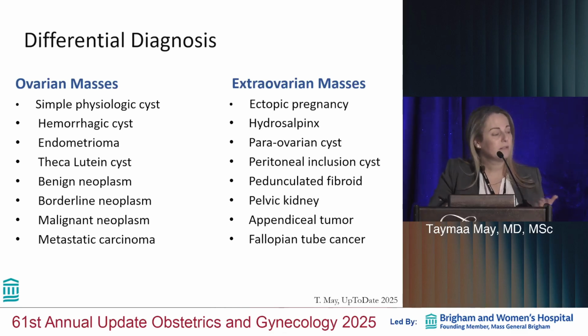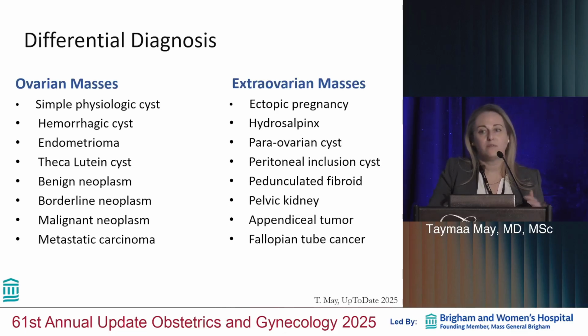Extra-ovarian masses, so in the adnexa but not primary from the ovary: ectopic pregnancy, which obviously is often an urgent diagnosis, hydrosalpinx, para-ovarian cyst, and peritoneal inclusion cyst, often in patients who've had prior surgeries, either prior cystectomies or multiple previous pelvic surgeries, so they have adhesions, and you do struggle with what to do with these inclusion cysts.